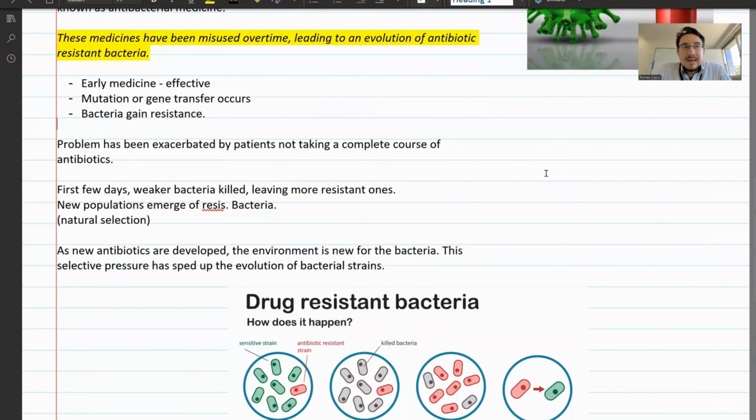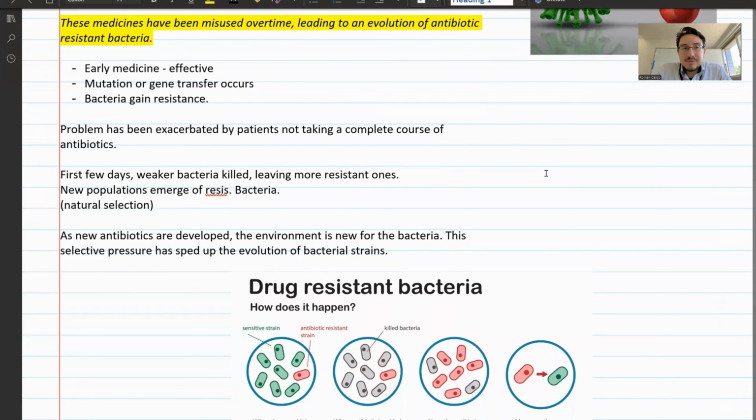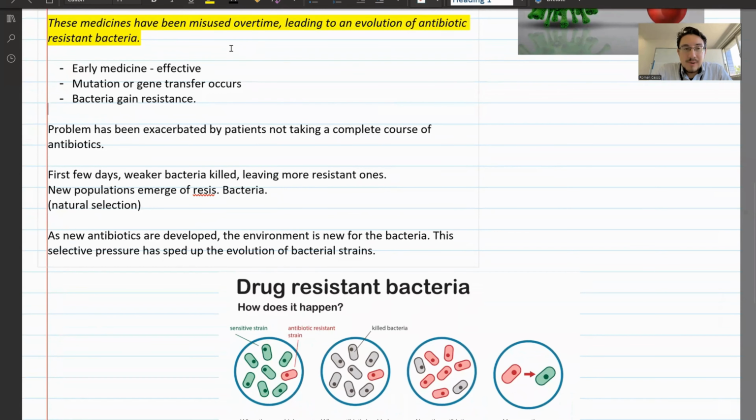Another issue in terms of overuse, right, is that patients are prescribed certain antibiotics for a complete course of 14 days, you know, 200 milligrams of ampicillin over 14 days. A lot of patients get better after 3 days and they stop taking the course, right?